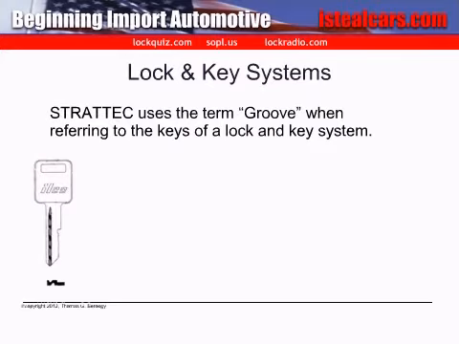Well, actually, it's quite simple. For any given system, the groove or grooves do not change, and all keys that are to work in that system must have the same measurements and dimensions for their profile or groove. In fact, if one were to look deeply into a lock and key system, the key dimensions for the profile or groove would be found.